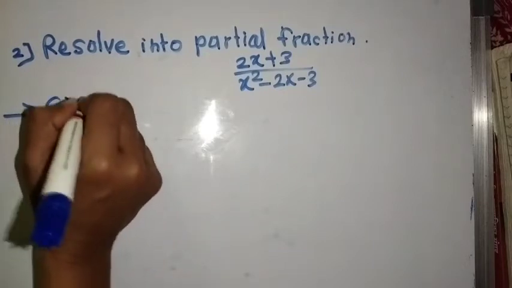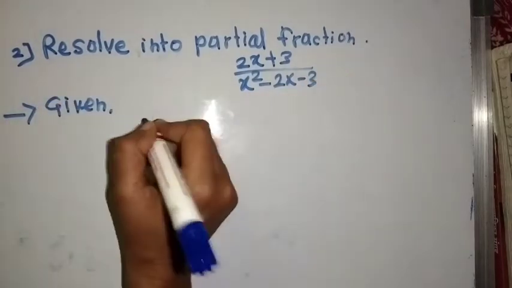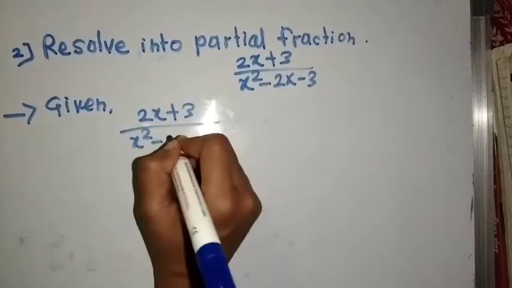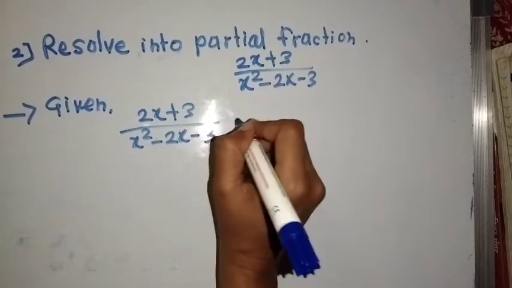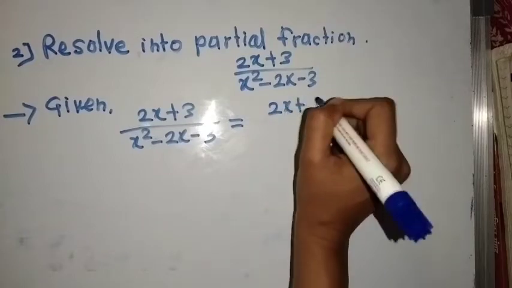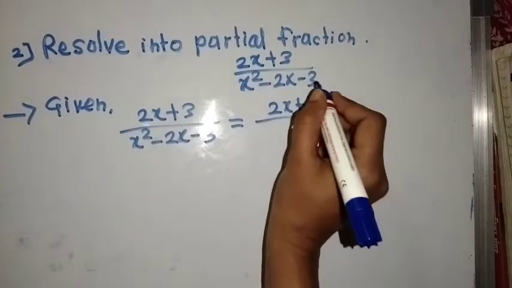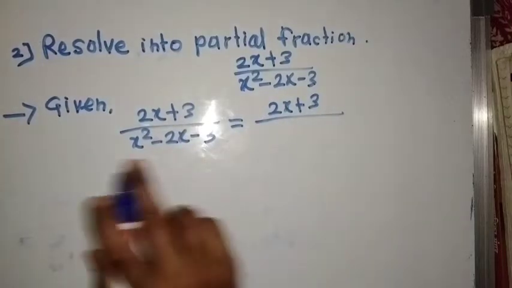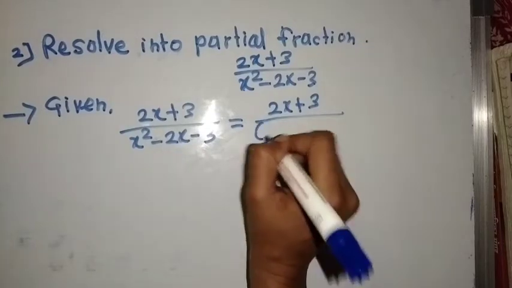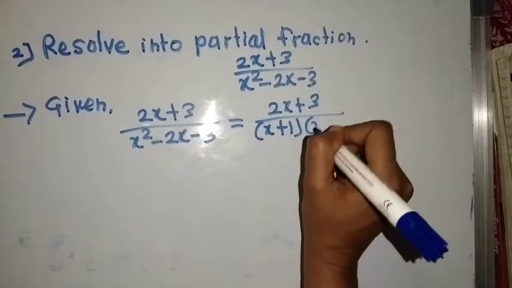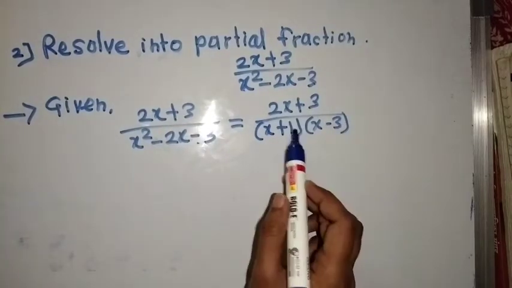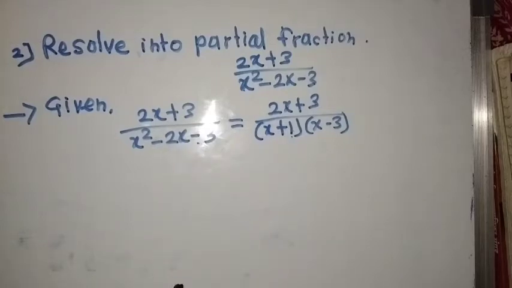First, given: (2x plus 3) upon (x squared minus 2x minus 3) is equal to (2x plus 3) upon x squared with multiplication minus 3 and addition minus 2. So we get (x plus 1)(x minus 3). Here the multiplication is minus 3 and the addition is minus 3 plus 1, which is equal to minus 2.